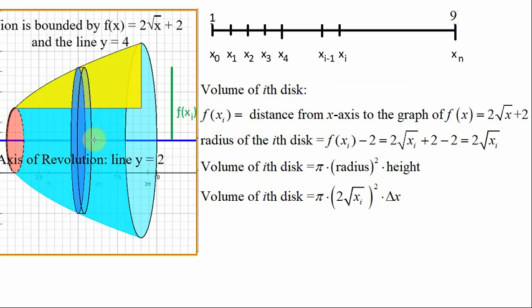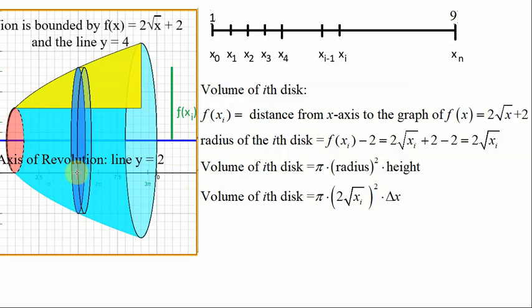For the ith slice, which comes from this ith sub-interval, the x coordinate right here would be x sub i minus 1, and right here the x coordinate would be x sub i. Here's the x-axis down here.